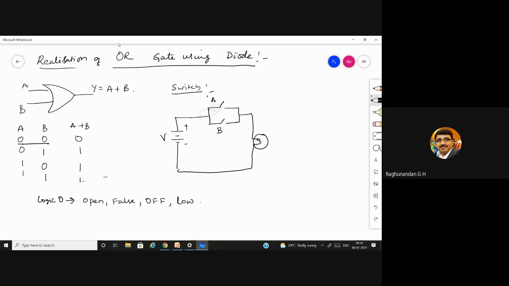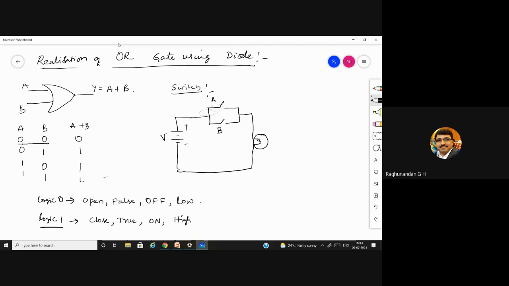Because in problems, they can give these words. Next, logic 1 is close, closed switch, true, on, high. If these words come, that indicates logic 1.